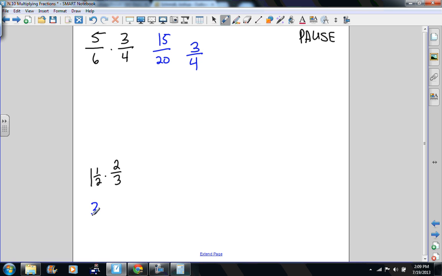This one becomes 3 over 2 times 2/3, which gives us 6 over 6, which simplifies into 1. Some of you may have answered 1 over 1. That's right, but not the best answer. The best answer is 1, because 1 divided by 1 is 1.